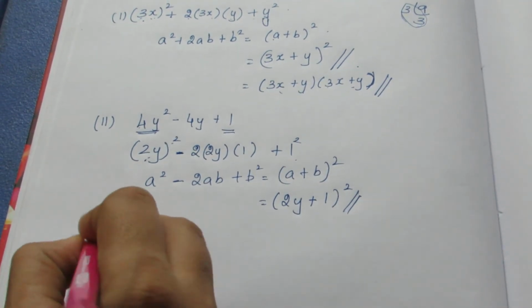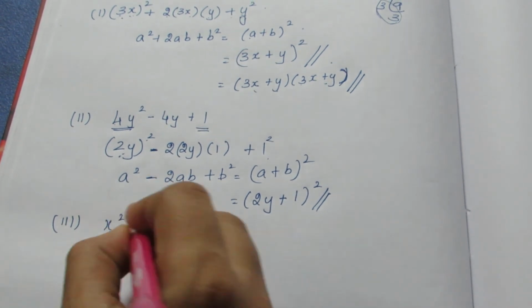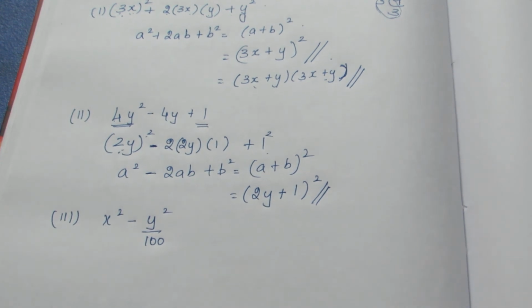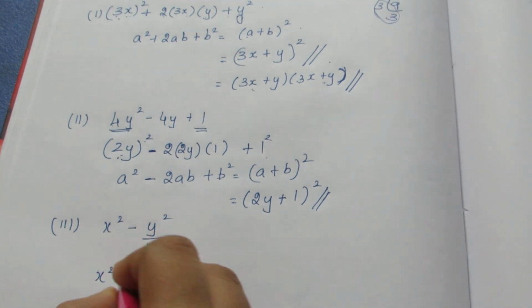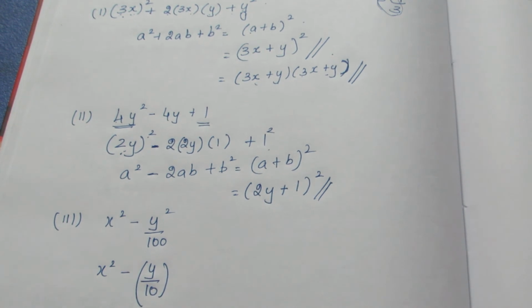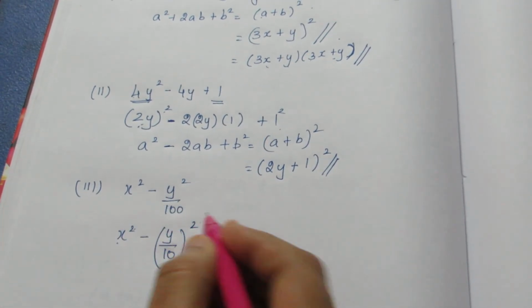In the third one, it is given as x square minus y square by 100. Here we know the first one is a square number, but then the second one, it should be in the whole square form. I am going to write this to be y by 10 because 10 square is 100, so y by 10 the whole square. This is square minus something square.